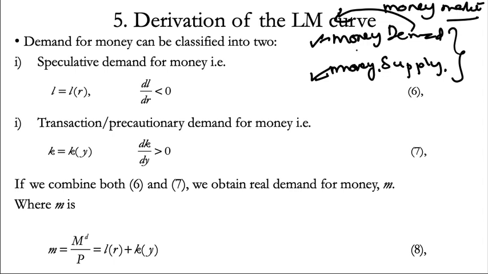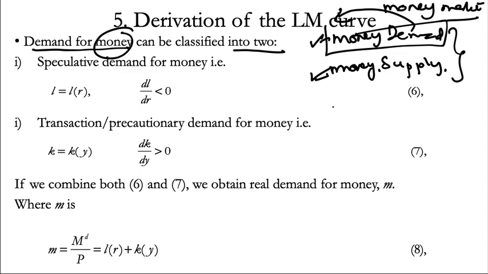Alright, now let's talk about money demand first. If you can recall what you learned in your first degree or undergraduate level, in general, demand for money can be classified into two categories. But before we talk about money here, we talk about wealth.